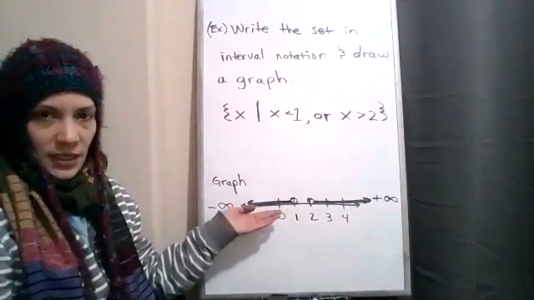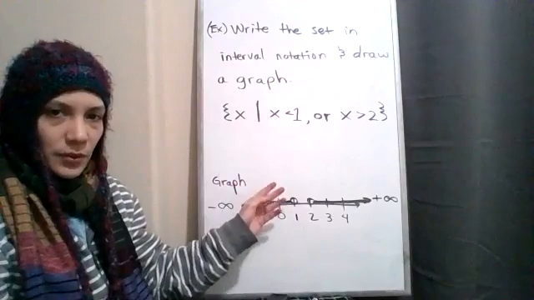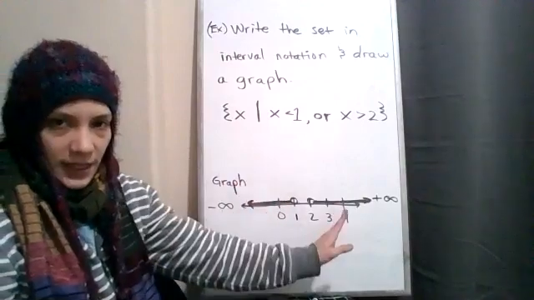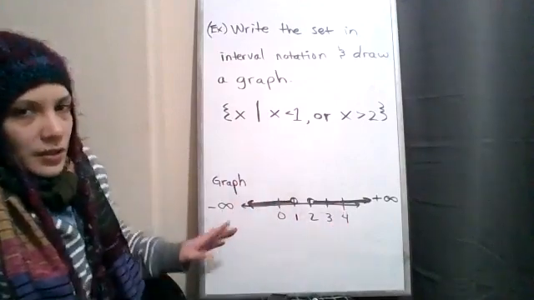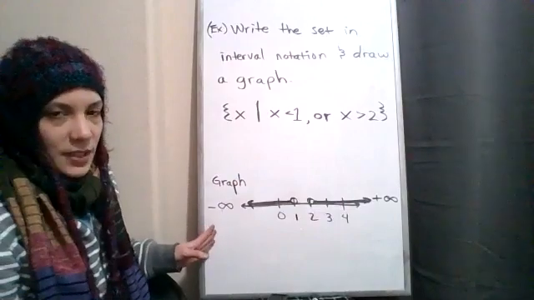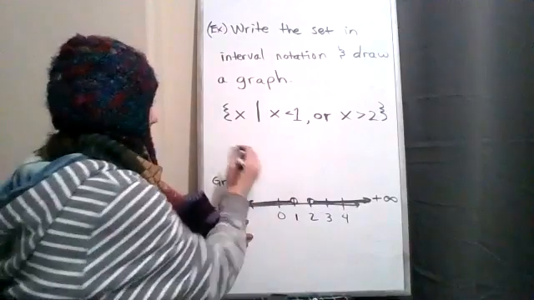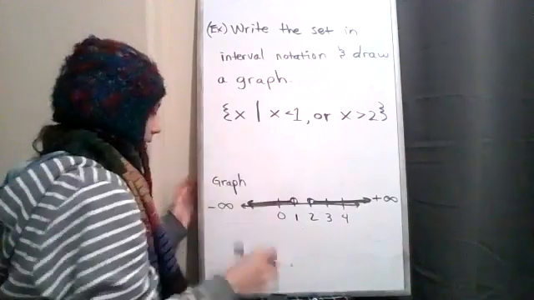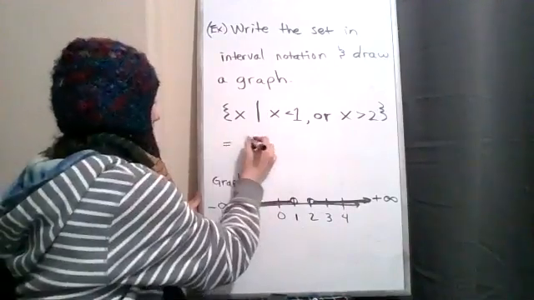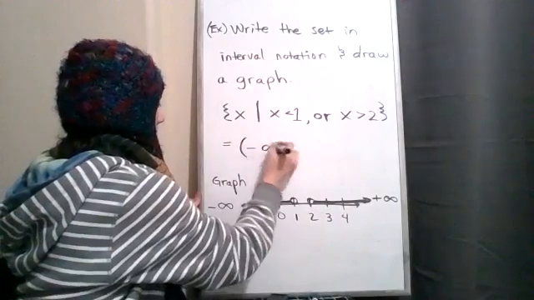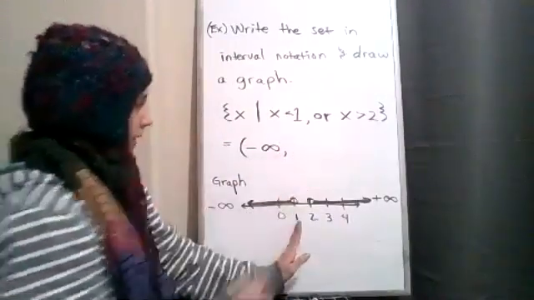Okay, to put these pieces together, you use the union symbol, so it's in this set or it's in that set. Starting with the small side. Smallest value is negative infinity to 1.